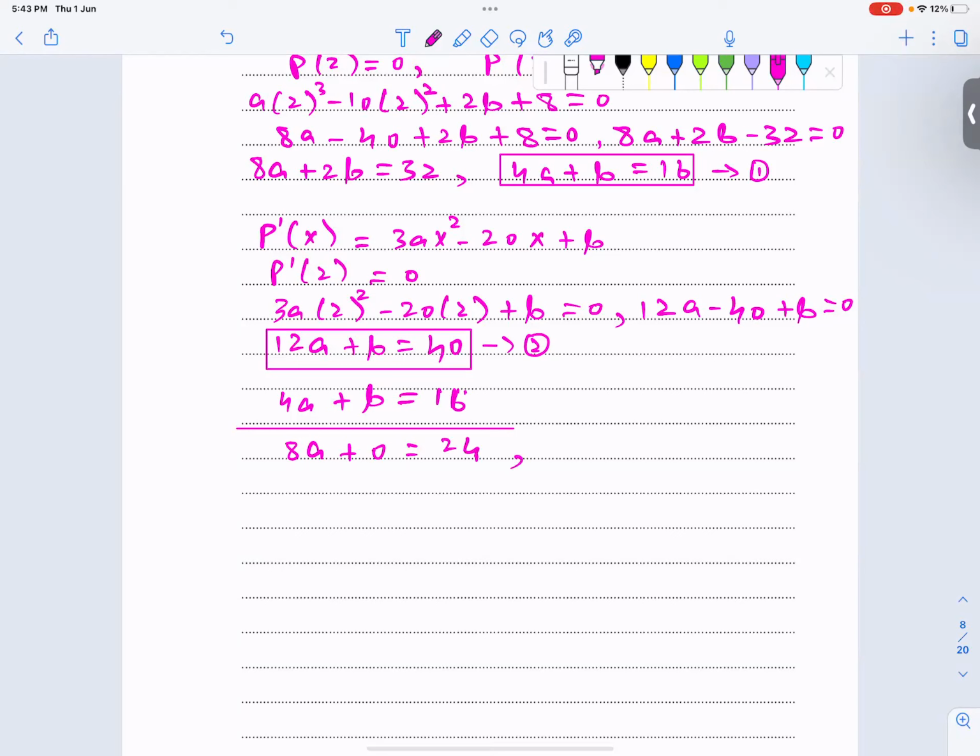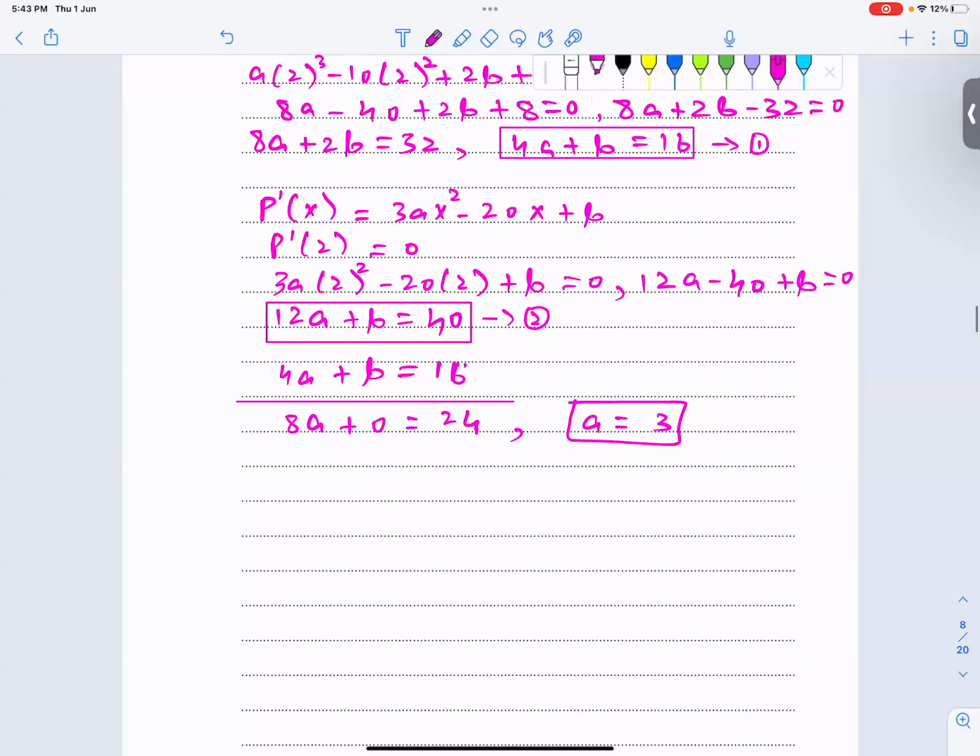So a will be 3. Put this value in the first equation. This will be 4a plus b, 4 times 3 plus b is equal to 16. So b will be 16 minus 12, which is 4. So b will be 4.